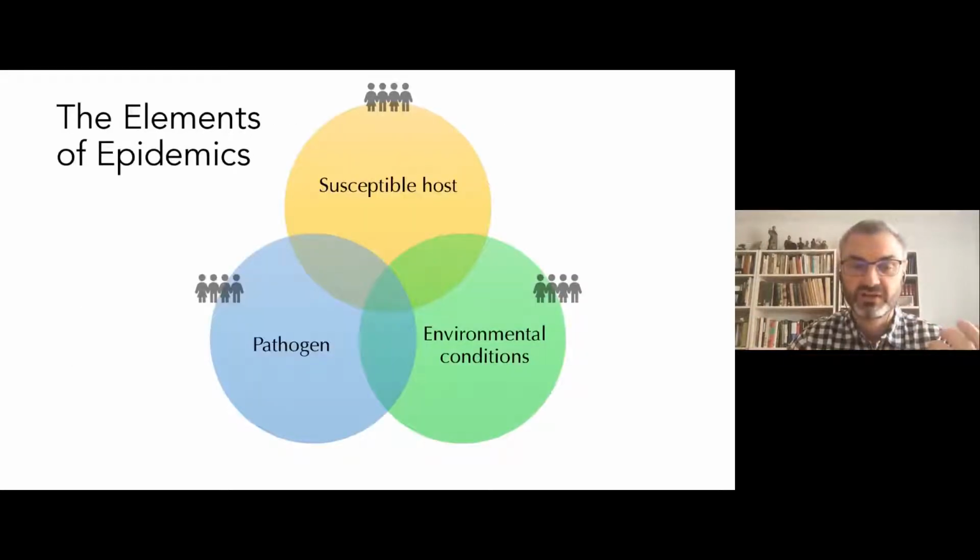Kind of related to this, I just want to talk about thinking about disease and thinking about epidemics more generally. And again, this is somewhat related to my previous point. The slide you're seeing in front of you is a version of what's called the disease triangle.